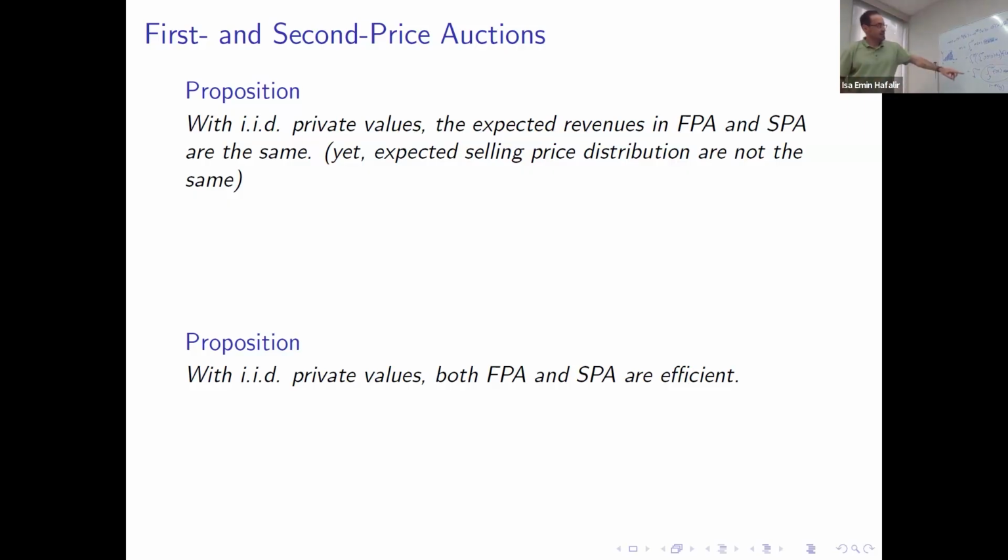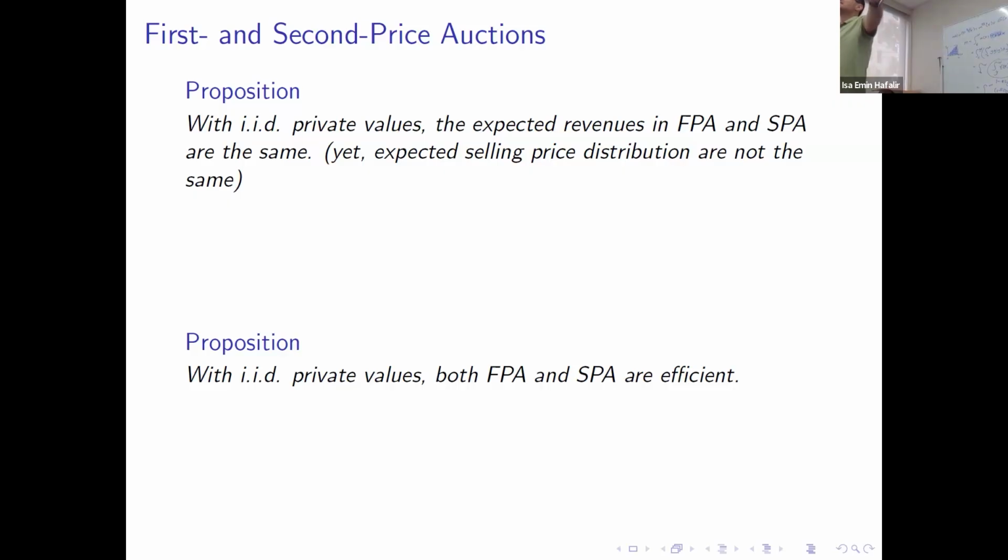Because the integral from Y to W is the probability that X is greater than Y. So this just becomes 1 minus F. Therefore, this double integral became a single integral: the integral from 0 to W of 1 minus F of y, y g of y dy. So this is the ex-ante expected payment of one bidder.